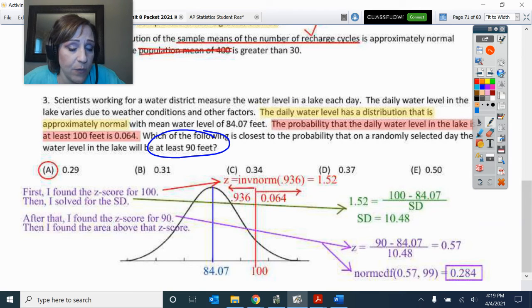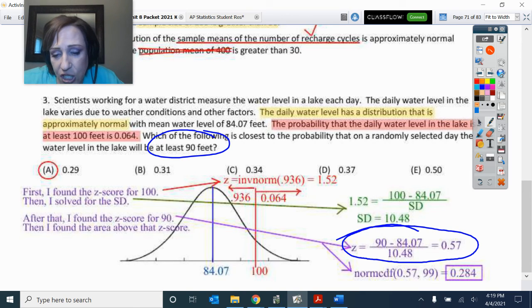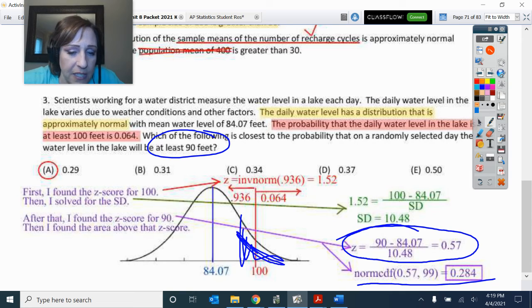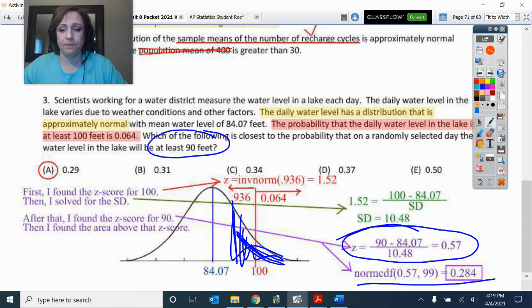What's the probability that it will be at least 90 feet? So I need to go find the z-score for 90 feet. So I do the 90 minus the mean over the standard deviation, and then I norm CDF from that 90 feet and above. Okay? So lots of steps on that one.